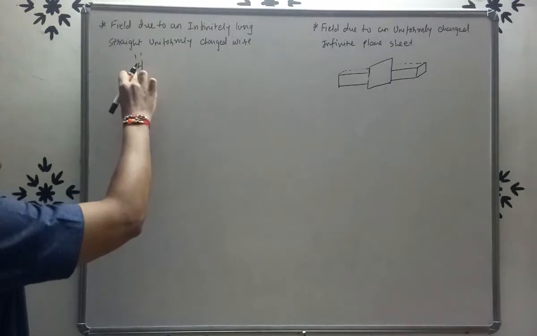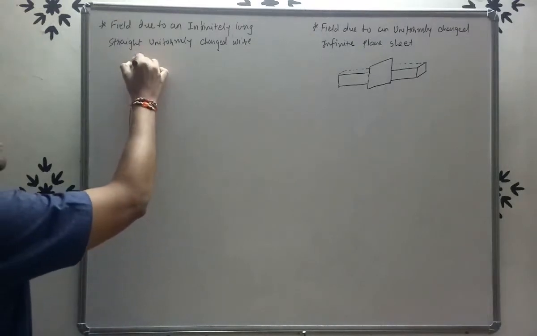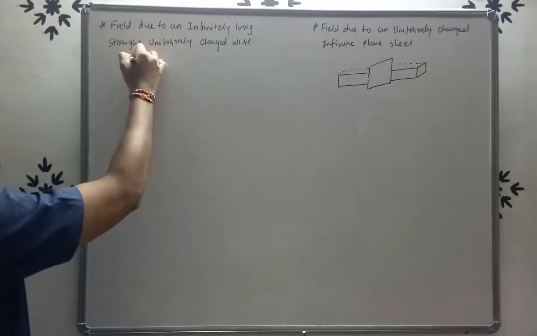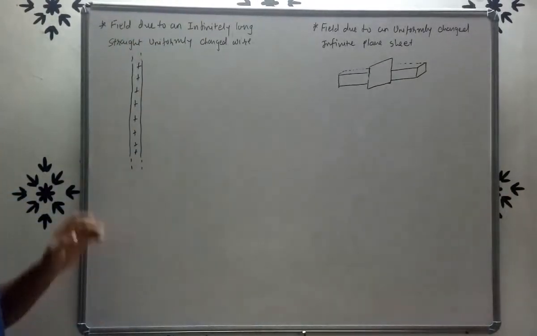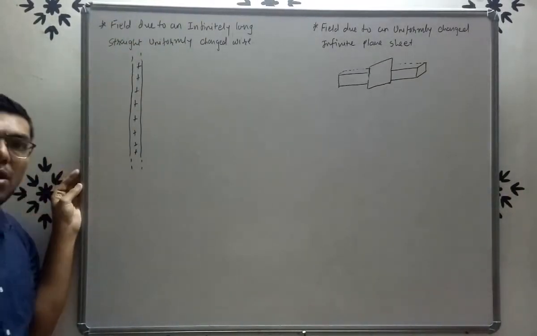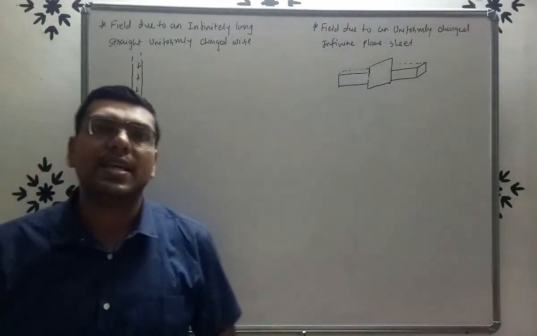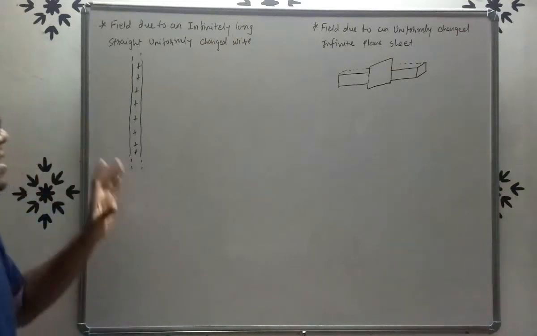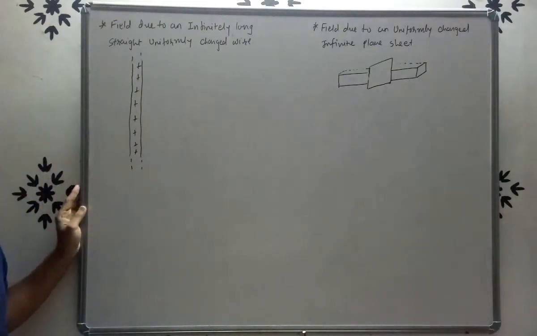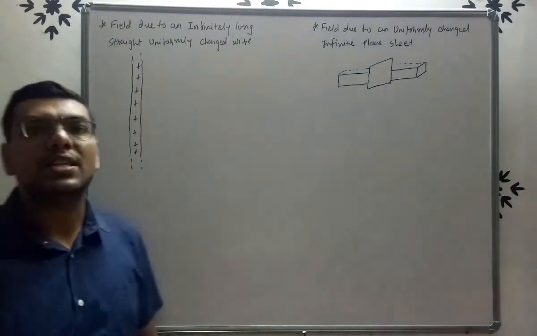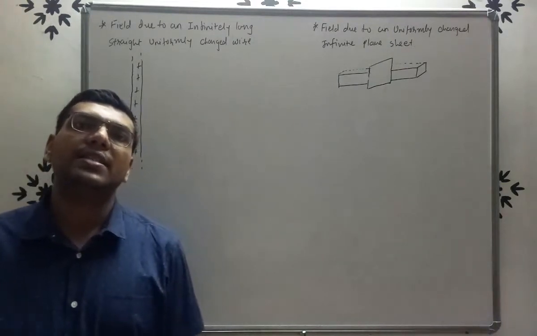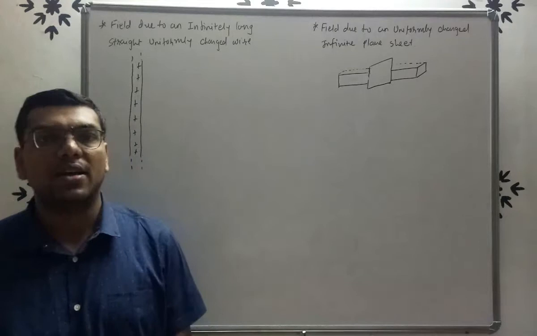Now we have to find the formula of electric field. First of all, you have to write the sentence as shown in the figure: there is an infinitely long straight uniformly charged wire having linear charge density lambda, right?